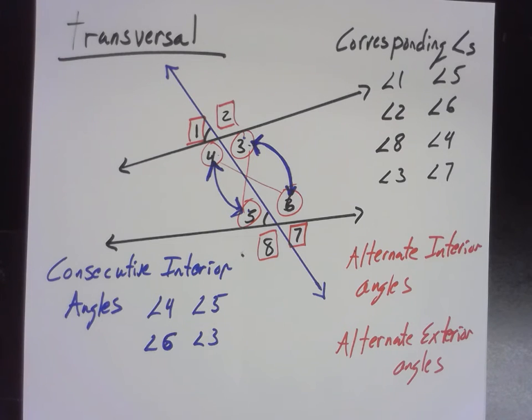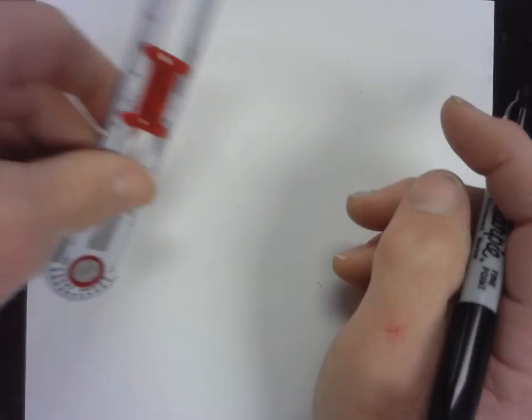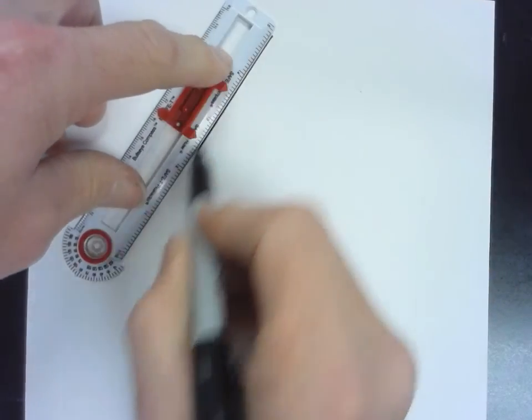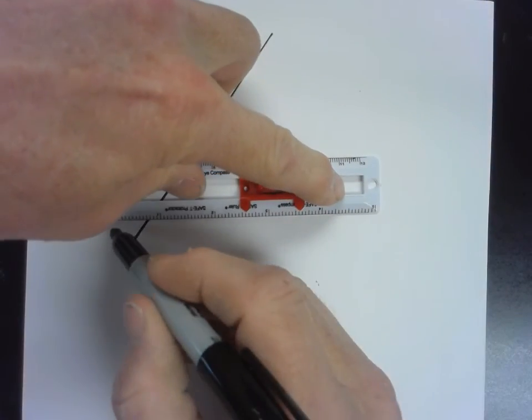Okay? All right, good enough. Number 4, what's the deal there? Alternate exterior. Alternate exterior, that's correct. And then what about number 5? Yeah, consecutive interior angles. I will show you one that can drive you a little crazy that I think you'll see today.